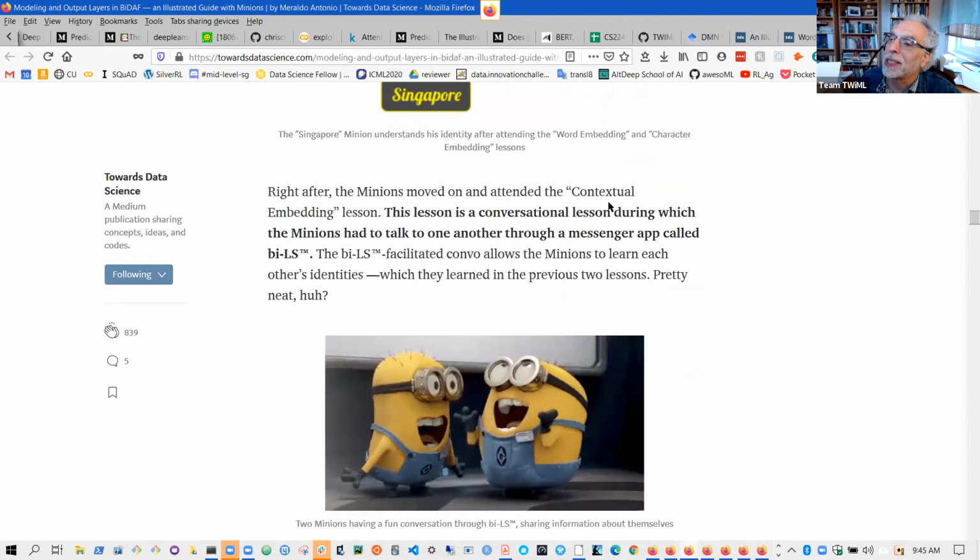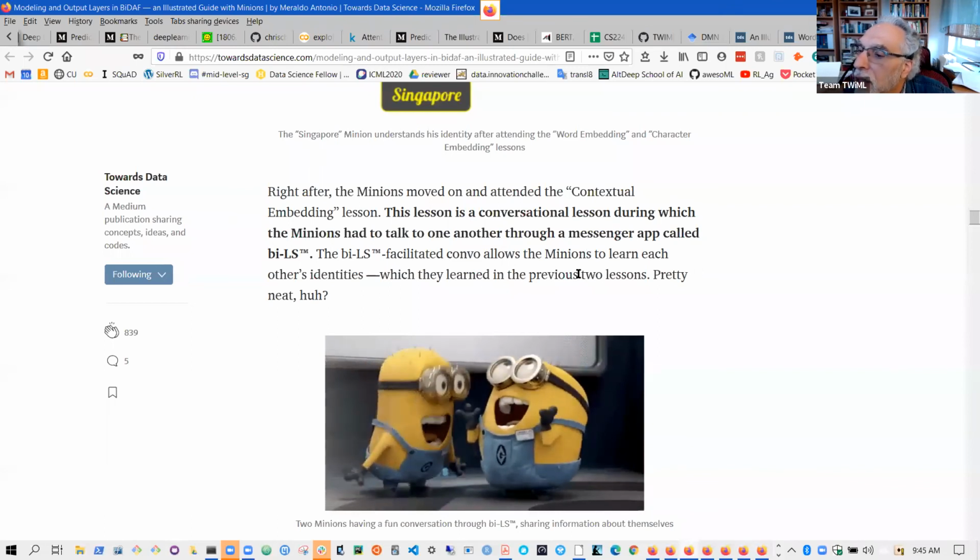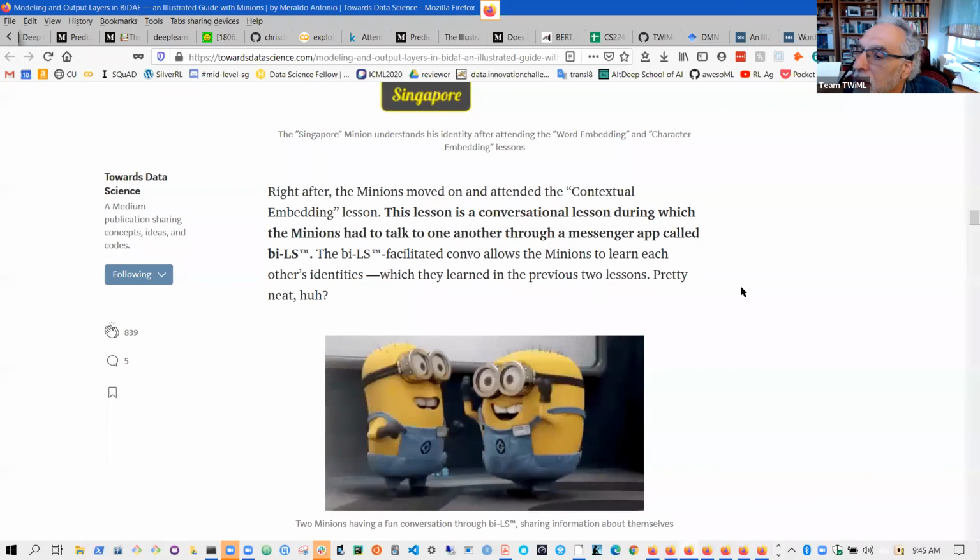The minions moved on and attended the contextual embedding lesson, conversational lesson during which the minions had to talk to one another through a messenger app called BiLSTM. That's what we just came up with, right? So the BiLSTM allowed the minions to learn each other's identity, which they learned in the previous 2 lessons, and so on.